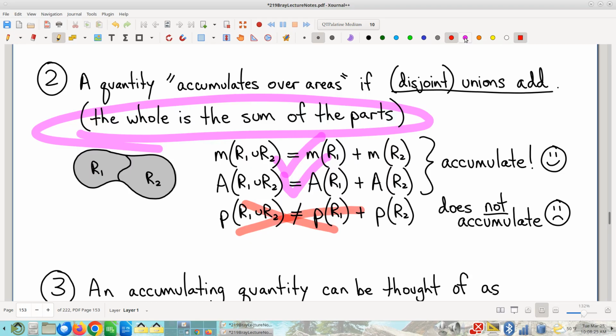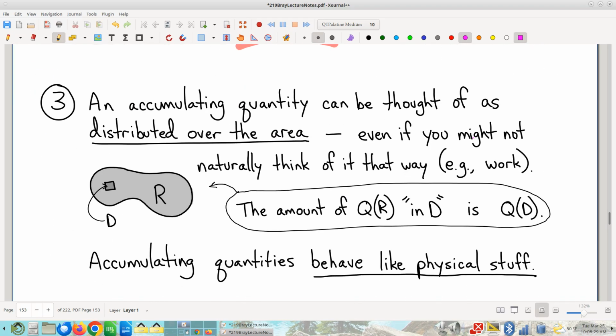And anyway, when that happens, you can think of the quantity as being distributed over the area, like it's a kind of stuff. It doesn't mean it physically is. It doesn't mean that you have to think of it that way. It means you may reasonably think of it that way, and this is extremely valuable.